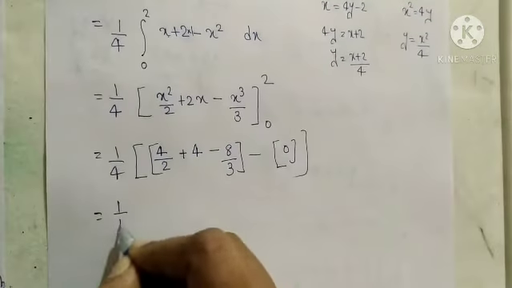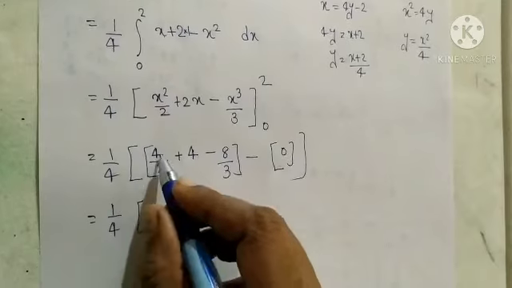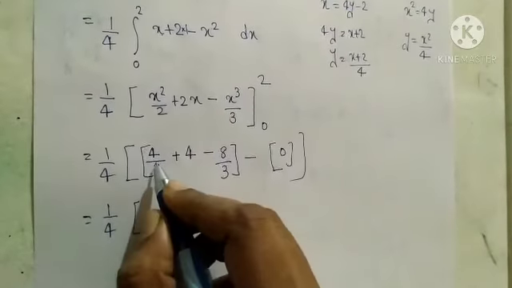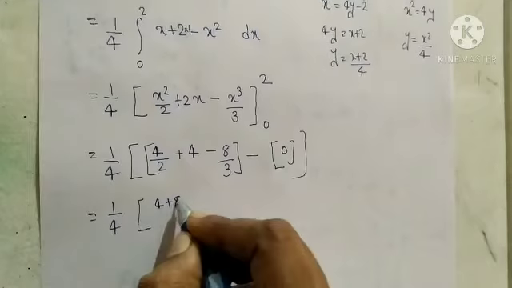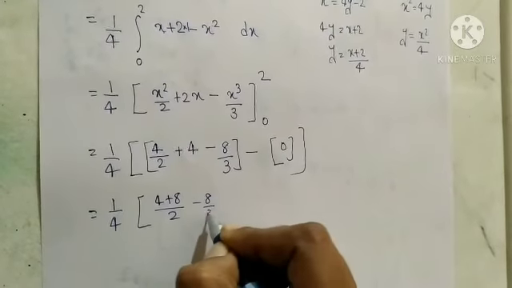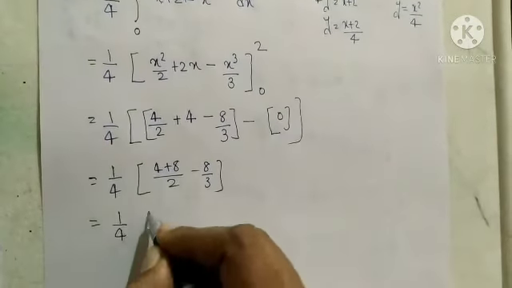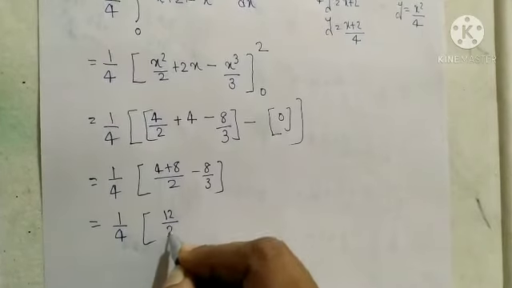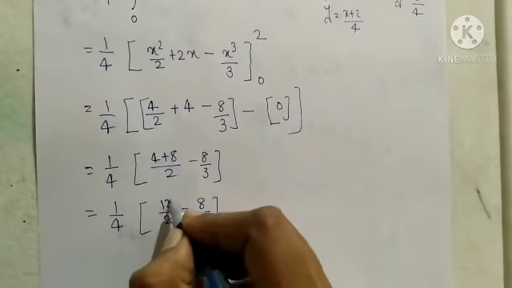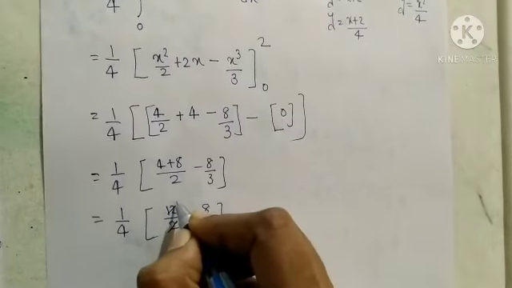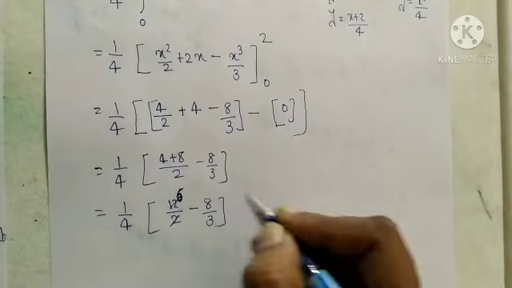So this will be equal to 1 by 4 into, cross multiplying these two terms, here we get 4 plus 8 by 2 minus 8 by 3, equal to 1 by 4 into 12 by 2 minus 8 by 3. So cancelling this 12 and 2, the numerator will become 6 here.